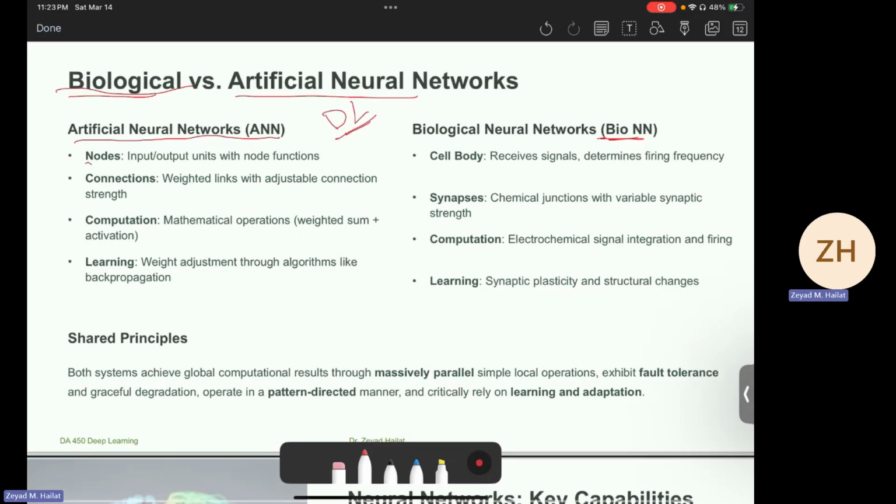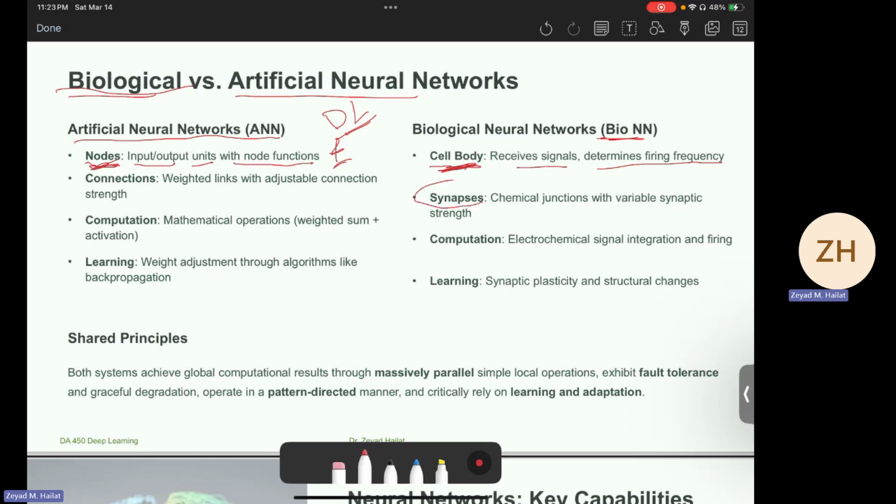Now, the nodes have input and output units with node functions. There are certain functions that they are calculating, the activation function, for example, whereas in biology the cell body receives signals and determines firing frequency. So this is what we see in biology, whereas it's nodes in artificial neural networks.